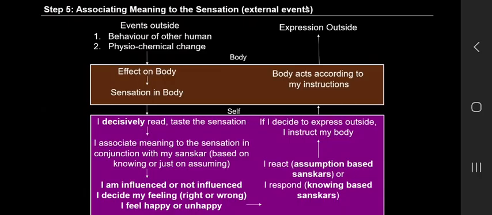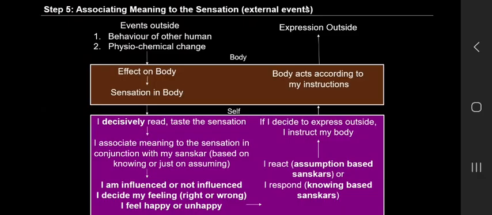So if I am aware that I am at a separation from the body, then I will not decide to involve my body. Whatever reaction I have, I will resolve into myself. So I will not use body. Otherwise, unknowingly, I involve my body, and these reactions impact my body also.